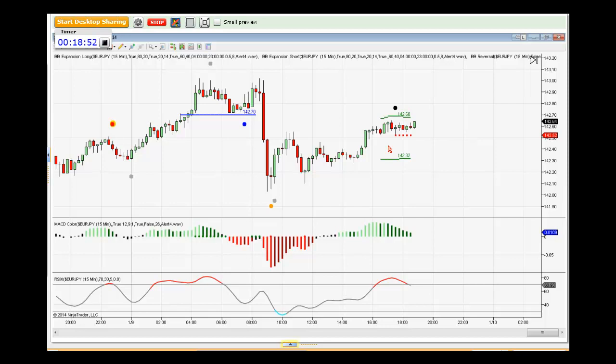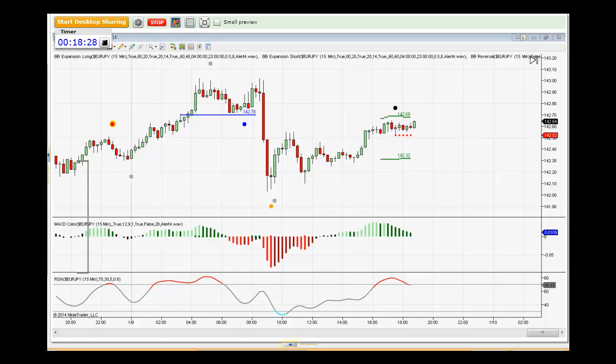Now, what it's saying here is at 142.68, if it exceeds that price, hits that price, and moves forward, that's a long. If it goes down to 142.32, that's a short. And we would hope that the market would go lower at that point. If it hit 142.68, we would hope that the market would go higher.